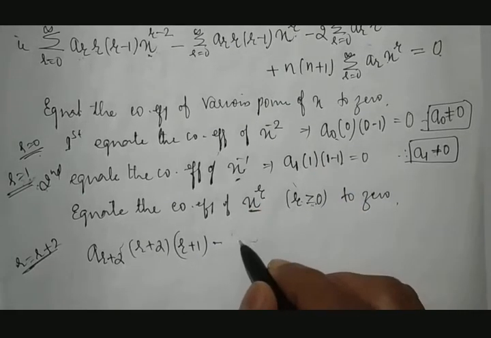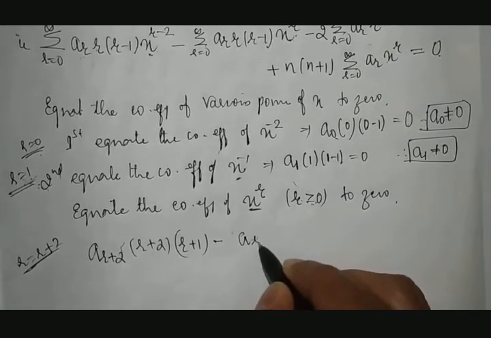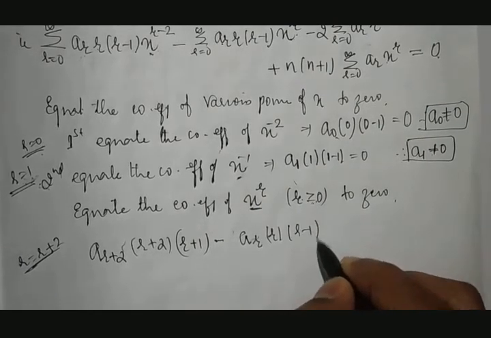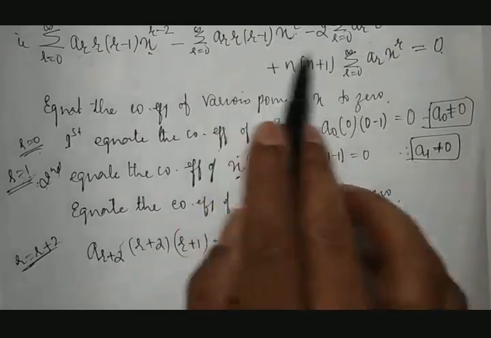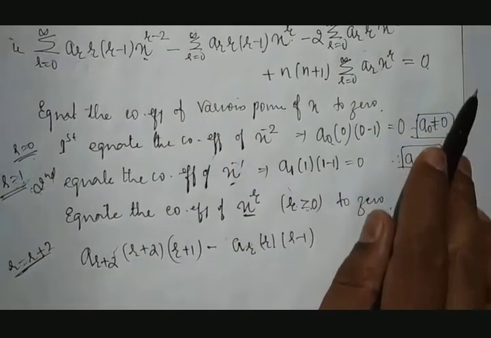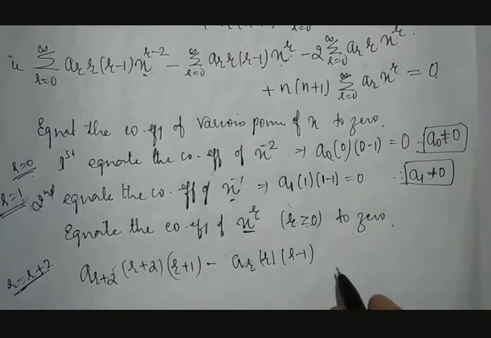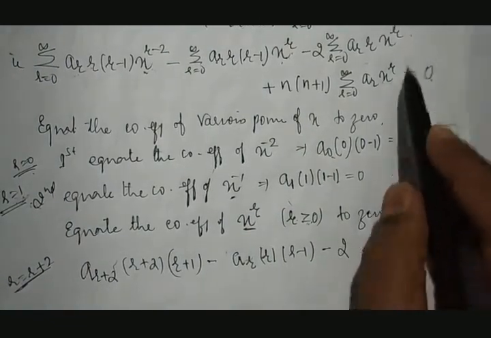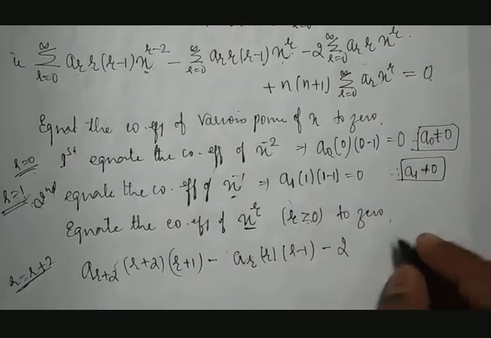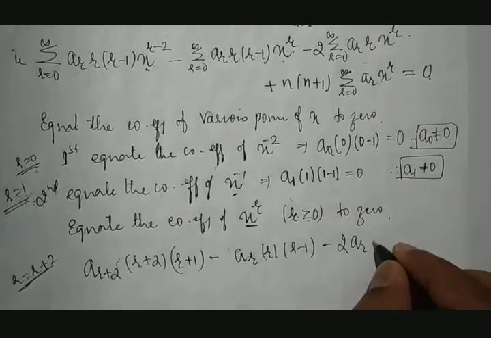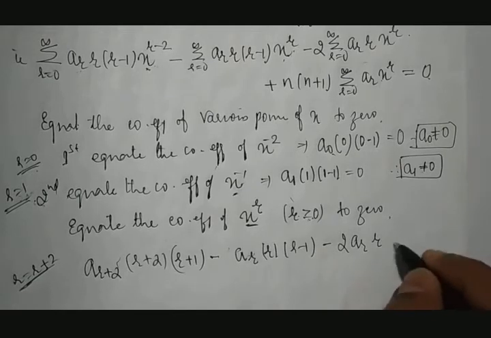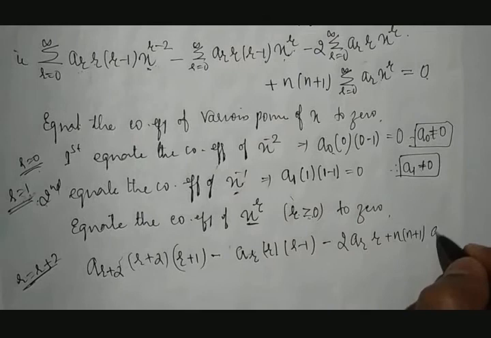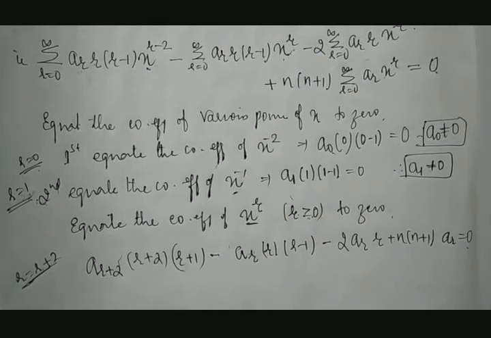Then we will be getting ar into r minus 1. Means we'll keep this as r only. Then this will be the result. Similarly, minus 2 times, here again the same, put r equal to r only. Then it becomes ar into r plus n into n plus 1. Here also it is ar equal to 0.